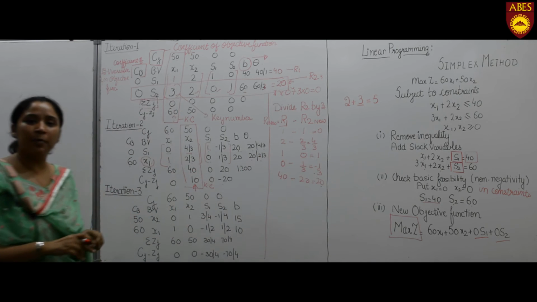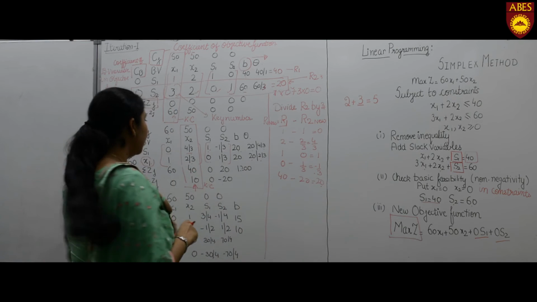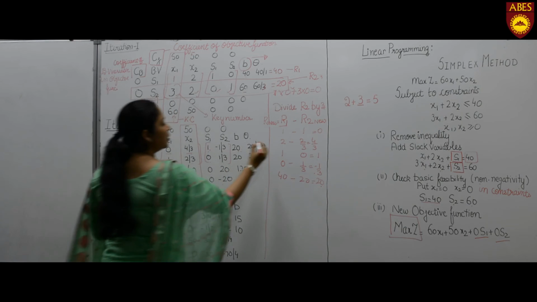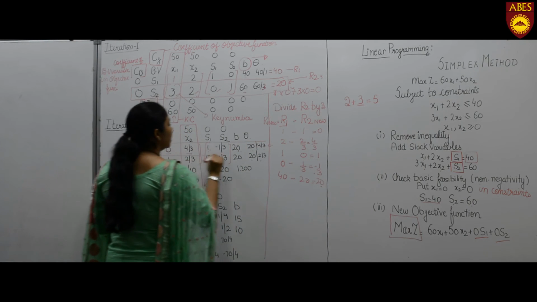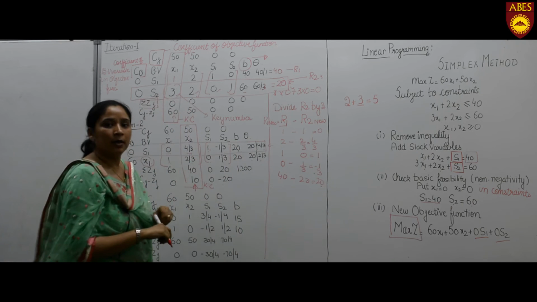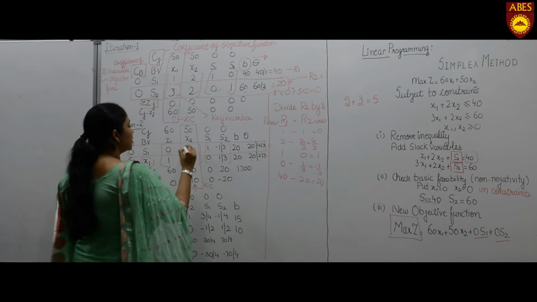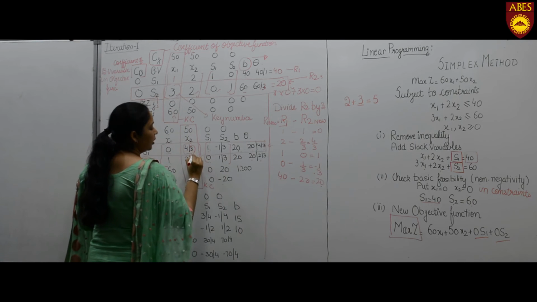Now the smaller ratio will be taken, and the smaller ratio is this one. This gives us the key row. This is our key number.